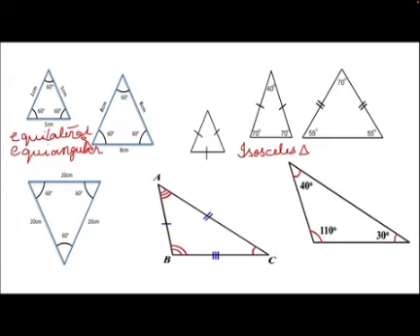Okay. Now here in this triangle, you can see this side has one stroke, this side has three strokes, and this has two strokes. Similarly, look at the angles. One stroke, two strokes, three strokes. What does it mean?